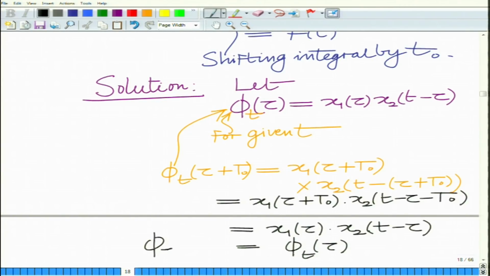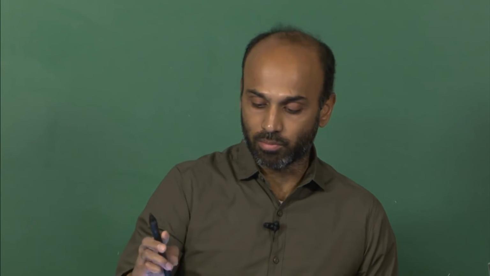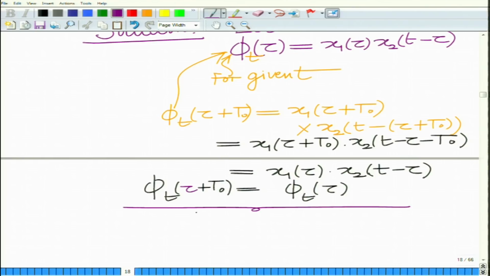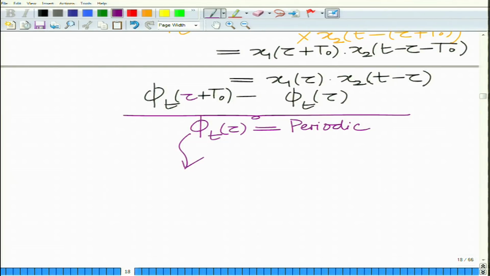So, what we have shown is phi t of tau plus T naught is equal to phi t of tau, which means phi sub t of tau is periodic, which implies that basically the integral over any period is the same.